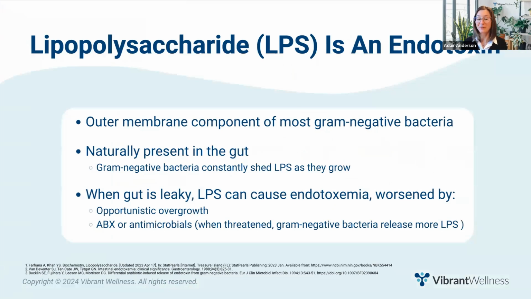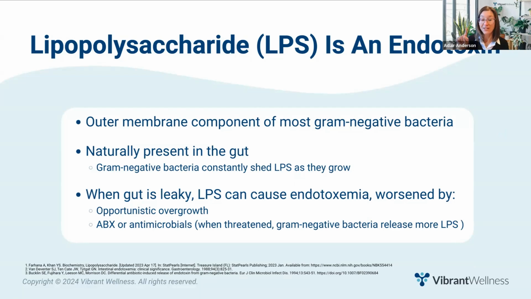Lipopolysaccharide, or LPS for short, is an important component of the outer membrane of gram-negative bacteria. As gram-negative bacteria grow, they constantly shed this LPS. Therefore, LPS is naturally present in the gut. Unfortunately, when the gut is leaky, LPS can enter the bloodstream, resulting in endotoxemia, which is worsened by several conditions.